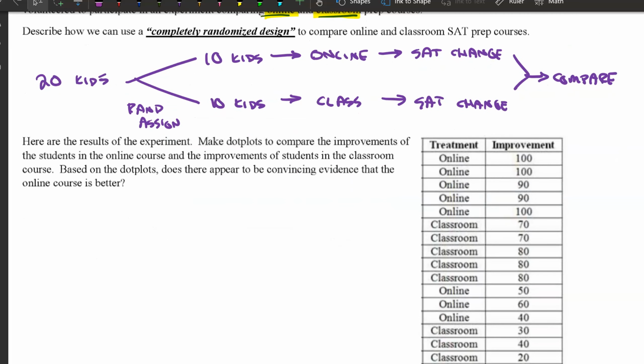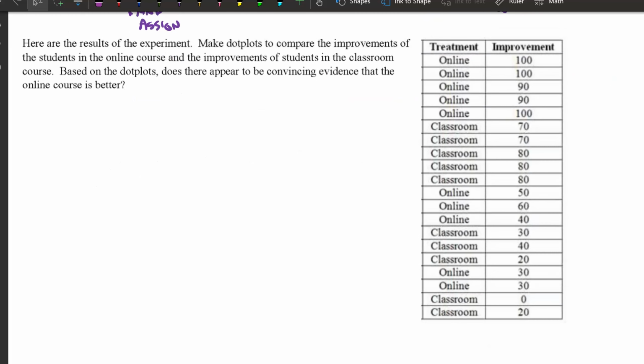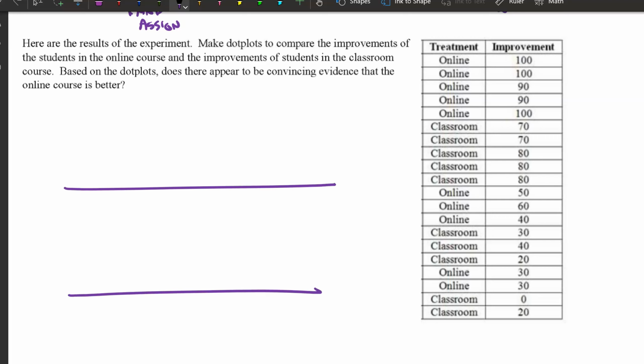Here are the results of the experiment. Make dot plots to compare the improvements of the students in the online and the improvements of the students in the classroom course. Based on these dot plots, does there appear to be convincing evidence that the online course is better? Okay, so let's do a little comparison here. I'm going to do over and under dot plots. So this is going to be online. I got to leave a little more space.